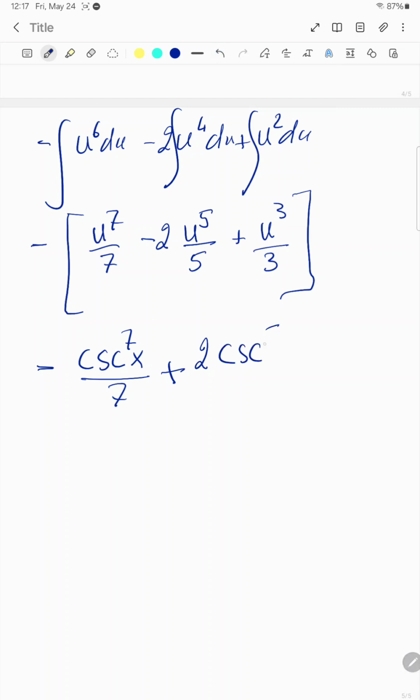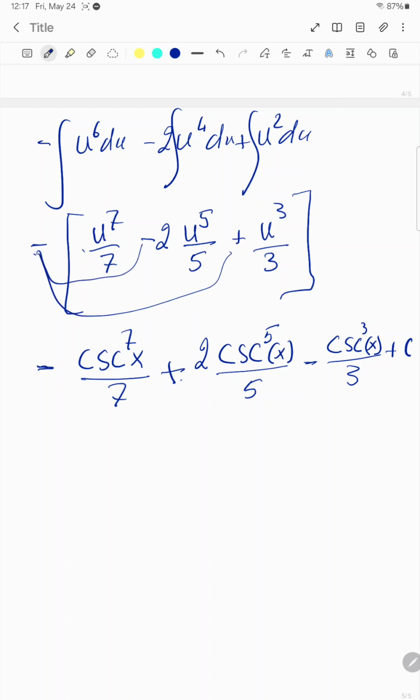Cosec to the power of 5 x divided by 5 plus cosec to the power of 3 x divided by 3 plus c. Here it's minus, sorry. Because minus times plus is equal to minus, minus times minus is equal to plus, and minus times plus is equal to minus. And that's the final answer.